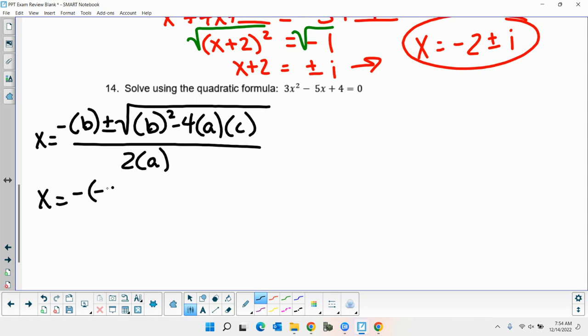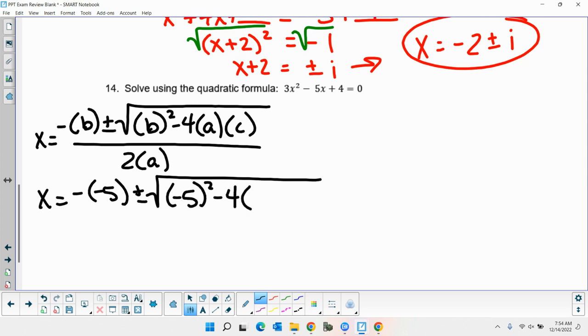So b is negative 5. And remember, when we put this in our calculator, we don't put the square root symbol in. We wait till we simplify the square root later.